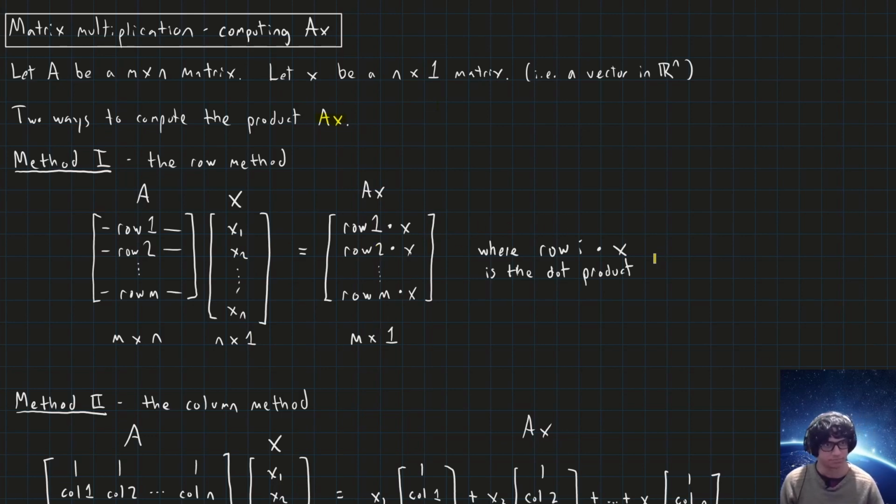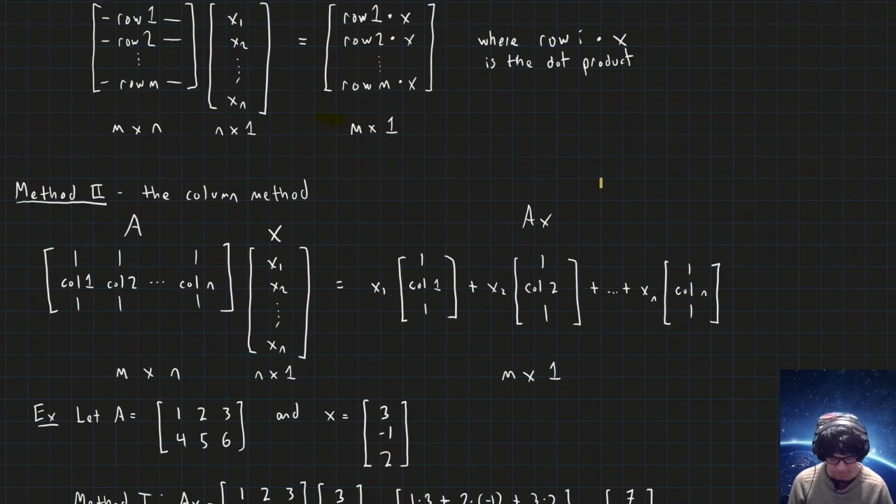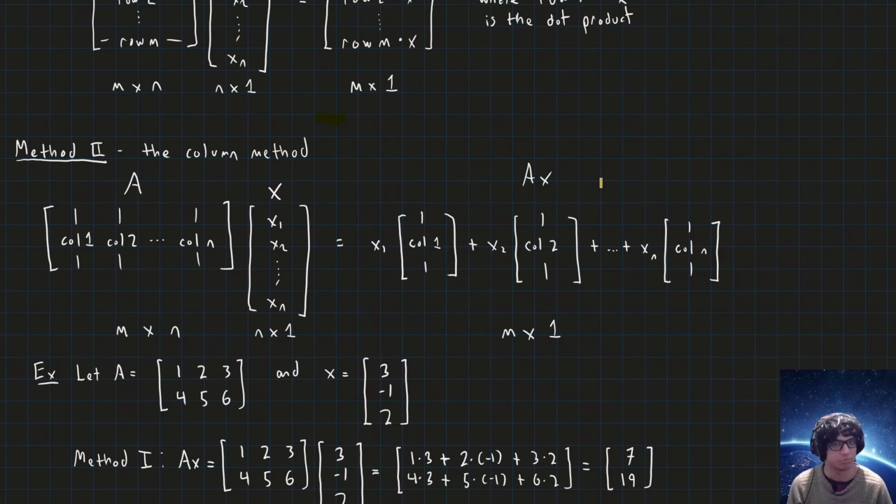Okay? So that's sort of the standard way of multiplying. So here's another method that was probably mentioned to you in first year, but you probably didn't use it that much. In this method, method 2, called the column method, we think of A as its columns instead. And what we do is we see that Ax looks like this.